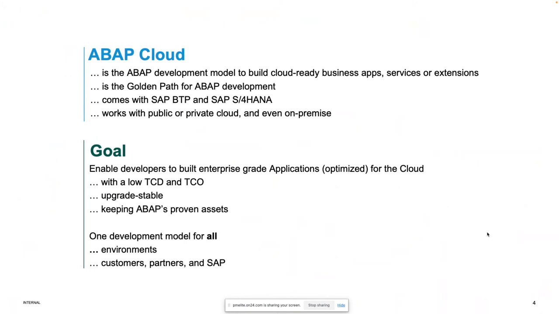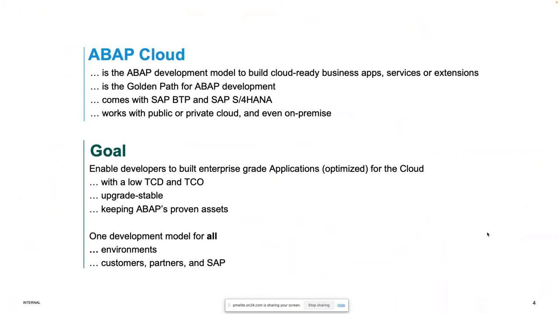And of course, a main goal, and you probably all know this pain from the classical and on-premise world, is upgrade-stable code, which means your code should be perfectly separated between the SAP code and your custom code.